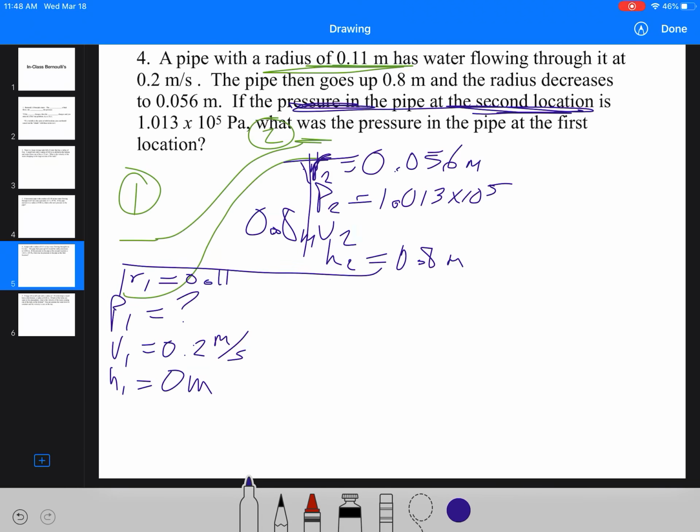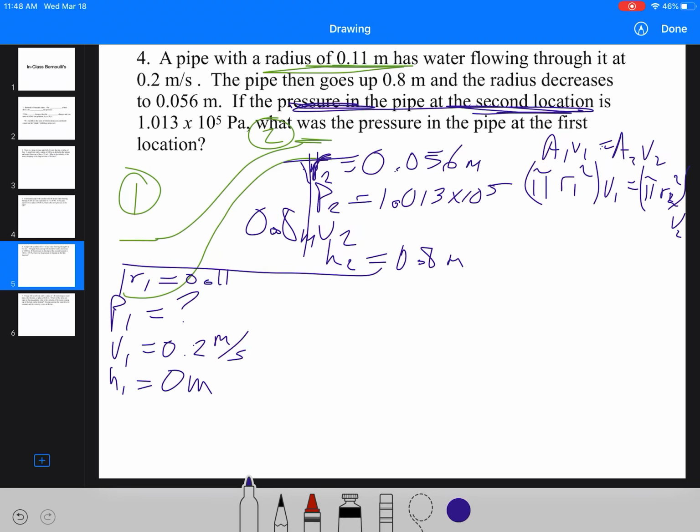My radius changes. Because my radius changes, we have to do an A1 V1 is equal to A2 times V2 problem first. Pi R1 squared, that's my area, times my V1 is equal to my pi R2 squared times V2.